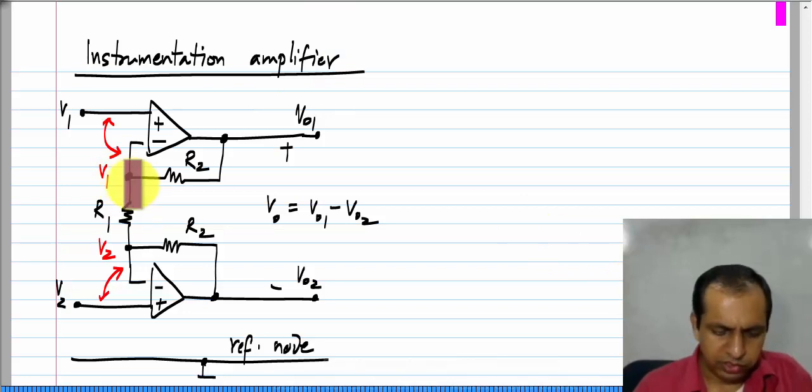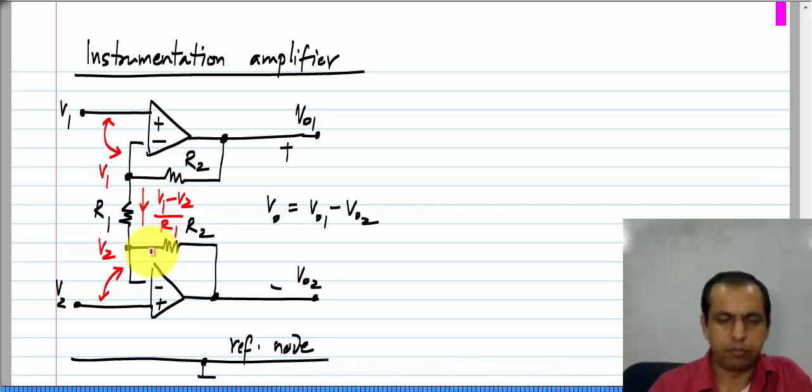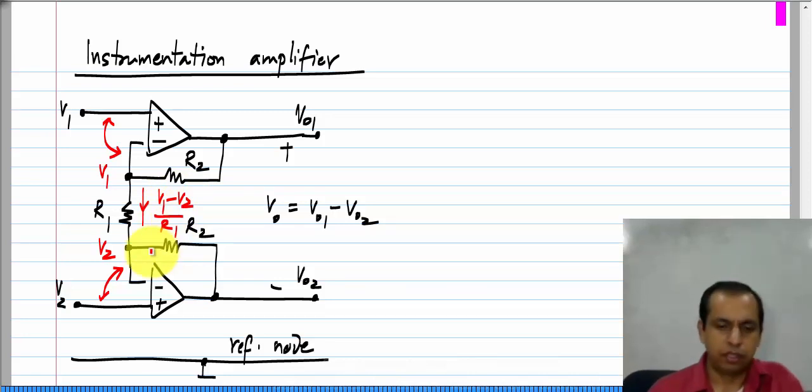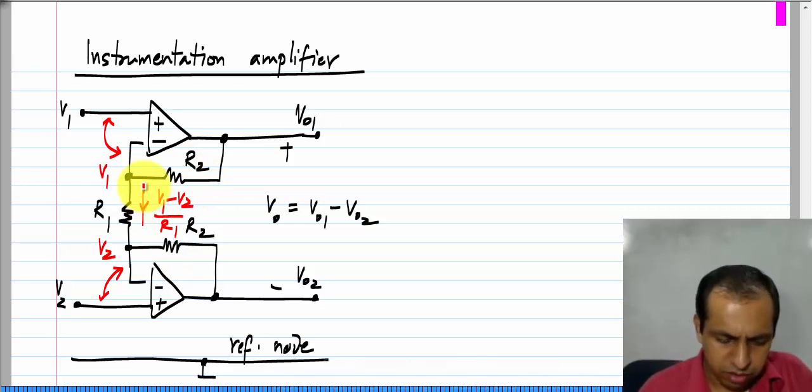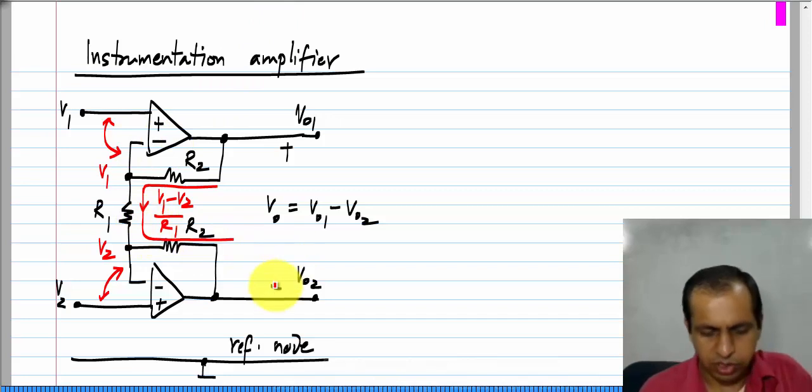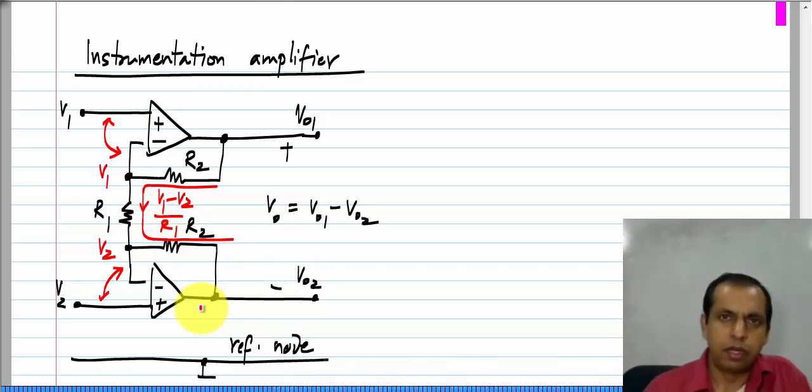So, this resistance R1, its upper terminal is connected to V1, the lower terminal to V2. So, the current flowing through this is V1 minus V2 divided by R1. And that current goes into this resistor, nothing goes into the op amp, and similarly goes into that resistor.